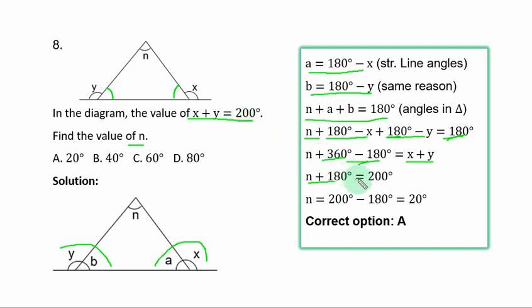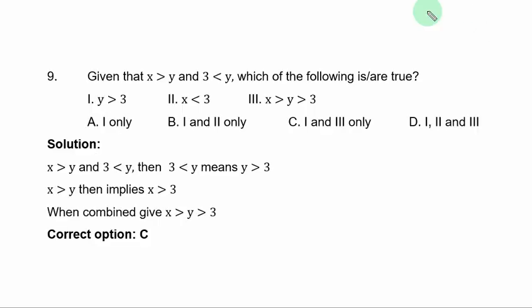If you collect like terms, you have n equal to 200 degrees minus 180 degrees, and that is 20 degrees. A is the correct option.